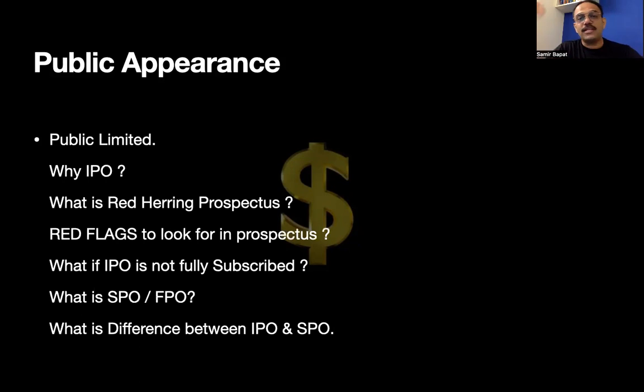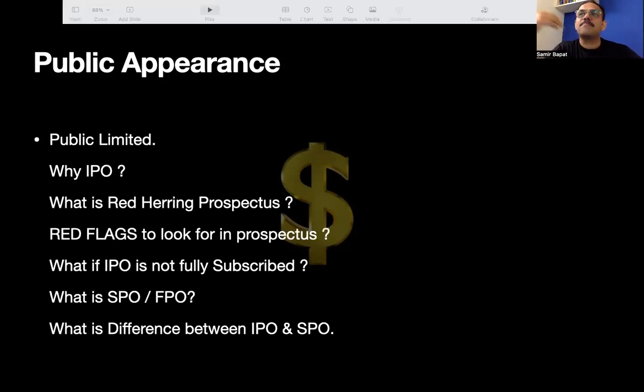IPO is initial public offer, where a company is going to the public saying, boss, we have a company, it is running very well for the last 3 years. This is our record for 3 years. This is how we are performing. This is our product. This is our vision. This is our mission. That all has to be given in the red herring prospectus. That is mandatory for a company to give. They will go to the public. See, this is our performance for the last 3 years.